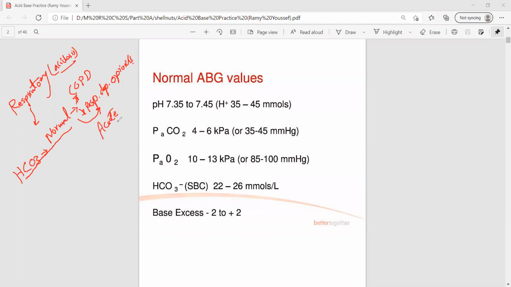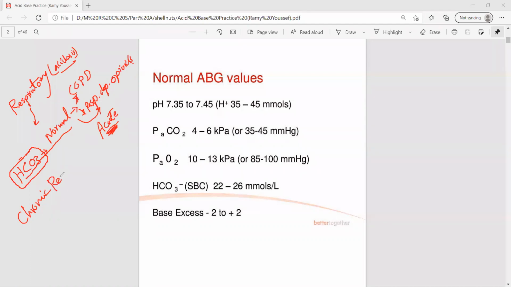Because in COPD, bicarbonate is increased.